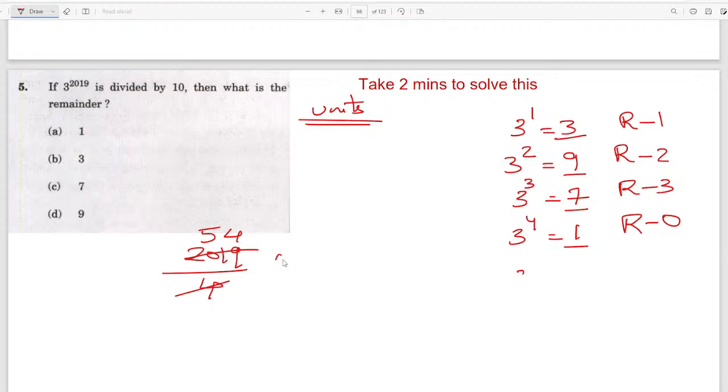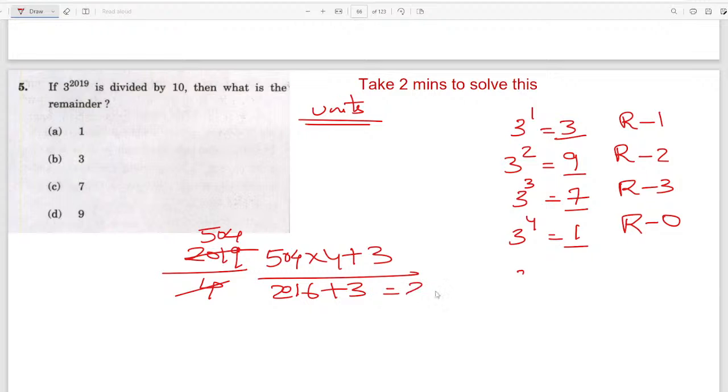This is 504 into 4 plus 3. 504 into 4 is 2016 plus 3.